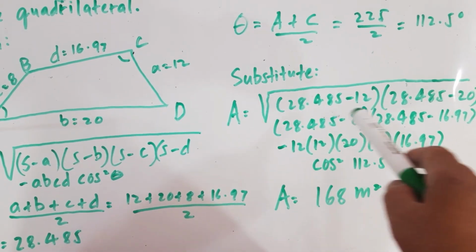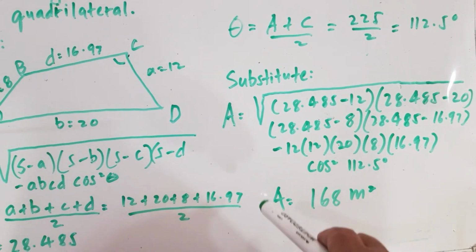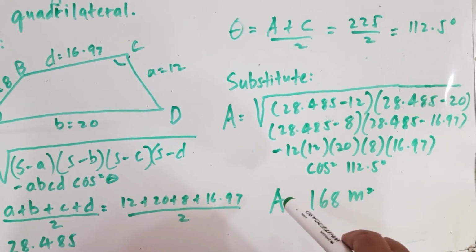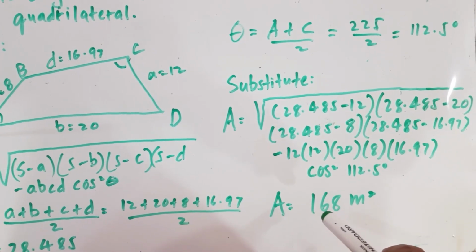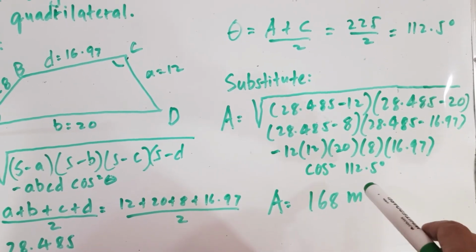Therefore, simplifying all this, the area of the quadrilateral which we are looking for is 168 square meters.